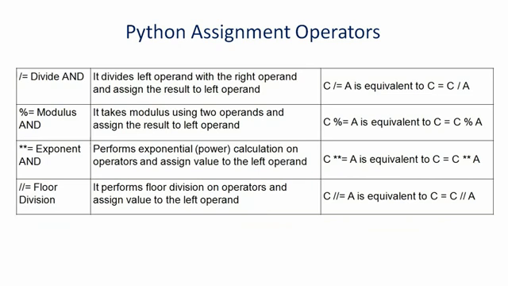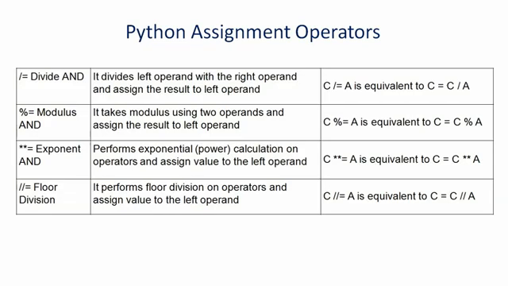It divides left operand with the right operand and assigns the result to the left operand. C divided by equal to A is equivalent to C equal to C divided by A.